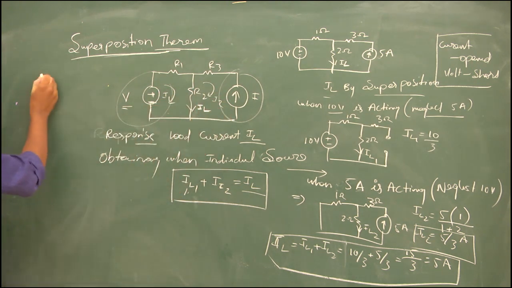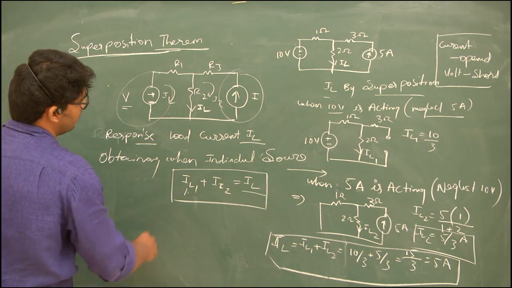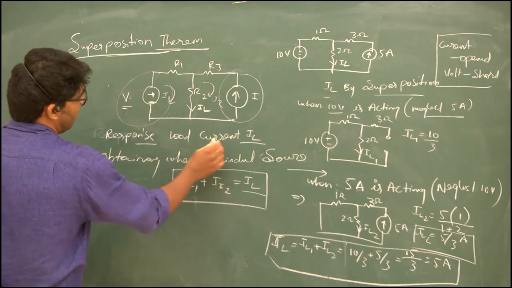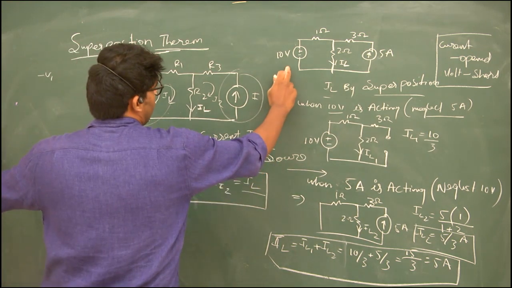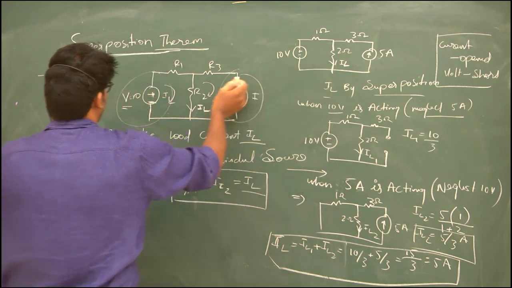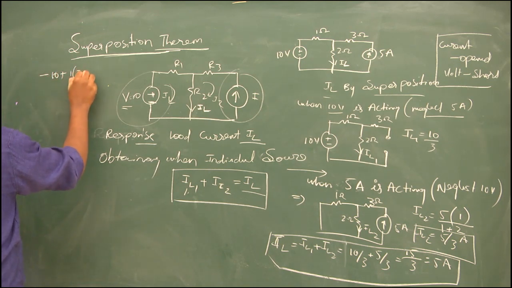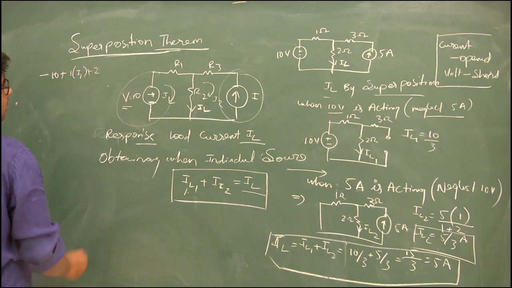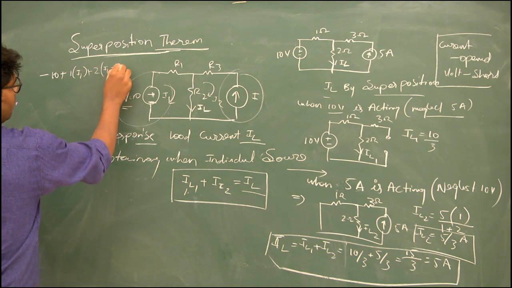So the mesh analysis from loop 1, V1, let us say the value that is 10 ohms. So minus 10 plus 1 into I1 plus 2 into I1 minus I2.